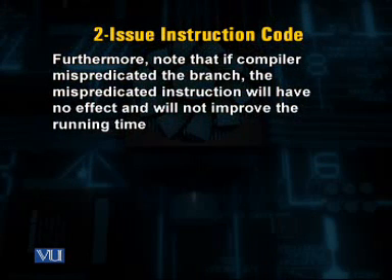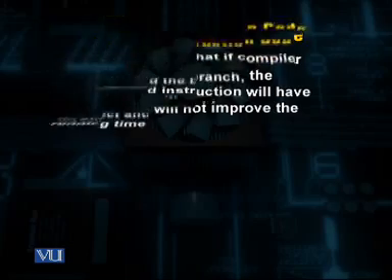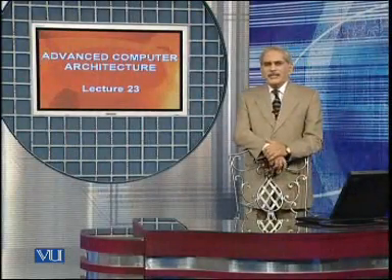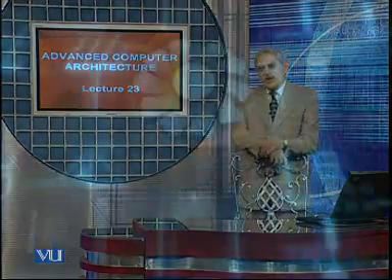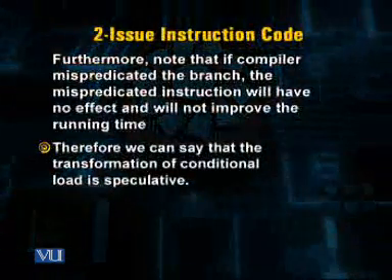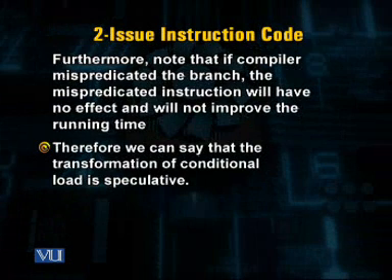Furthermore, note that if the compiler mispredicts the branch, the mispredicated instruction will have no effect and will not improve the running time. Otherwise, if it is predicted correctly, then it will improve the running time. Therefore, we can say that the transformation of conditional load is speculative.